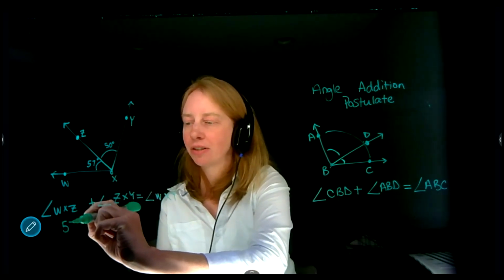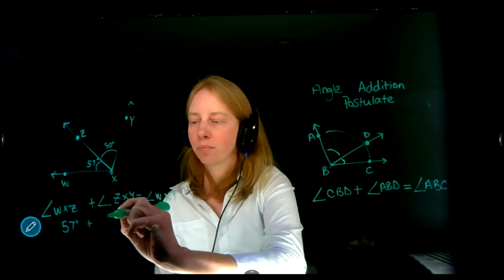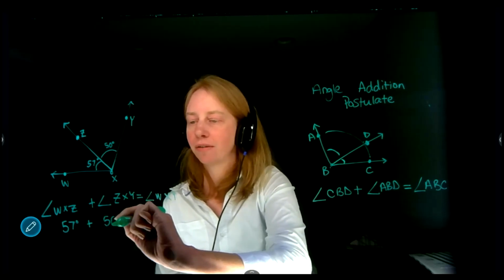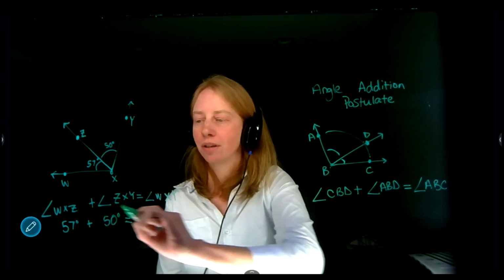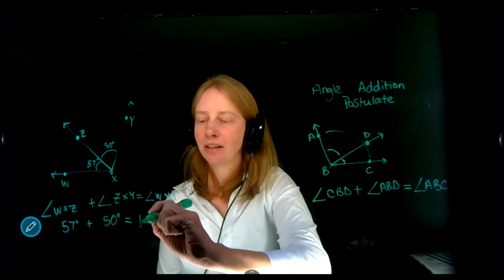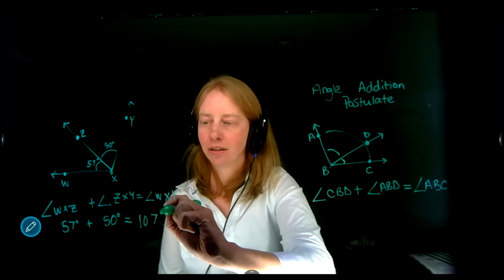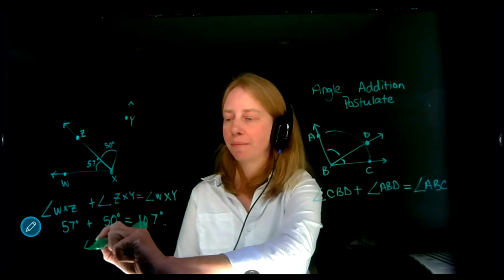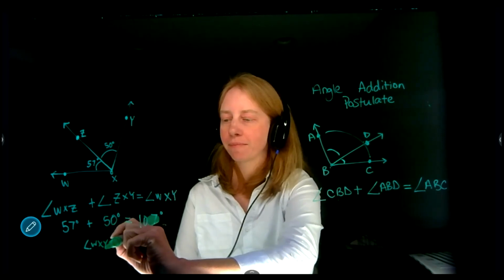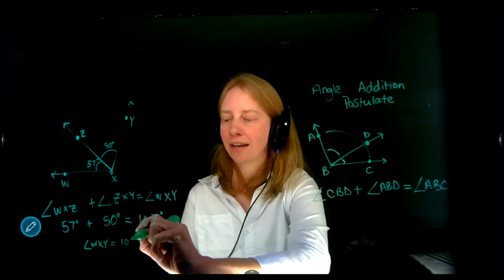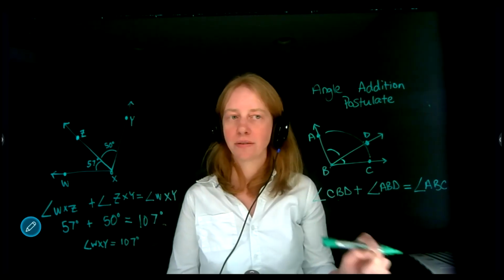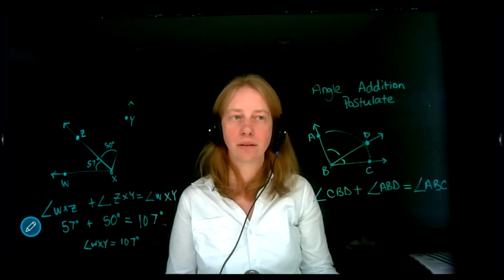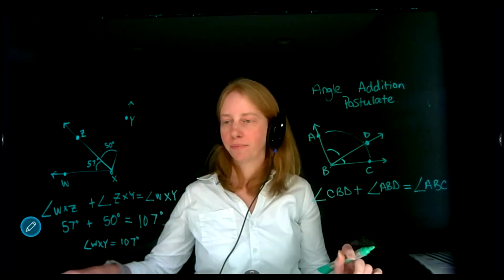This is 57 degrees plus 50 degrees equals 50 plus 57 is 107 degrees. So angle WXY equals 107 degrees.